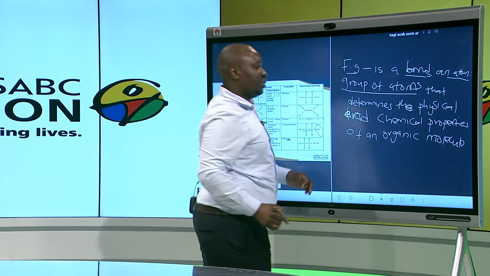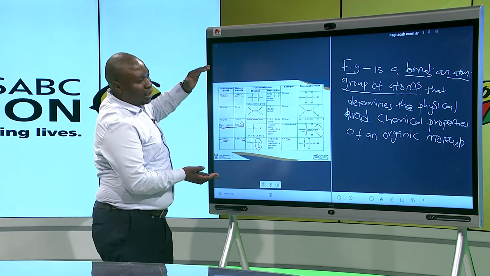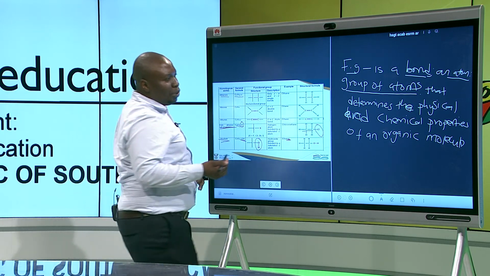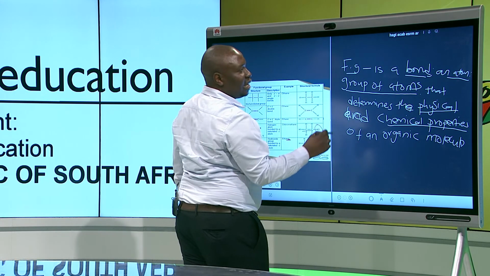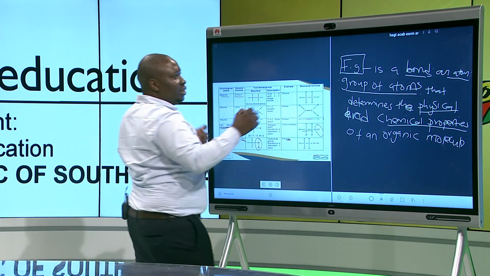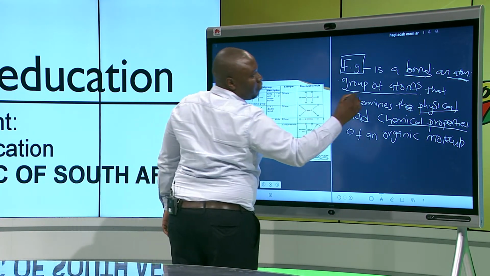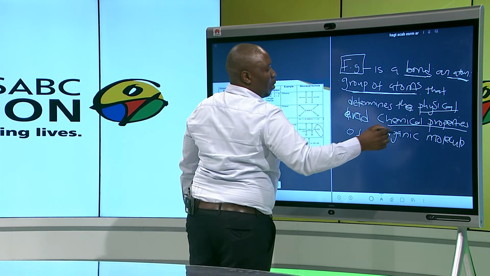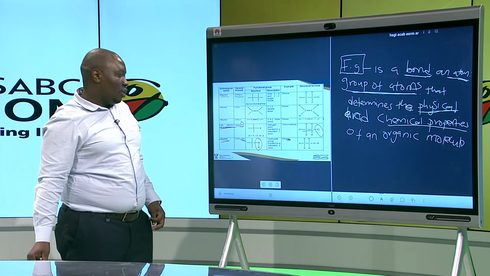They determine the physical and chemical properties, which means whatever we're doing, it was for question 2. So when you do question 3 and question 4, you will be dealing with the physical properties and the chemical properties, that is what the functional group determines. So we're saying it's indicated by a bond, an atom, a group of atoms. They determine the physical and chemical properties of an organic molecule.